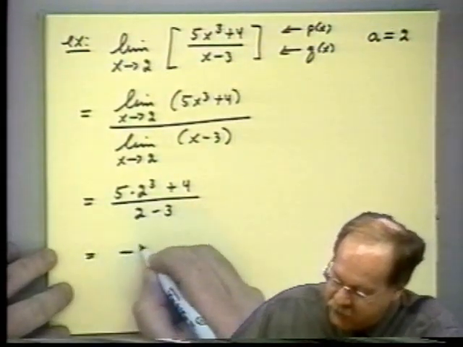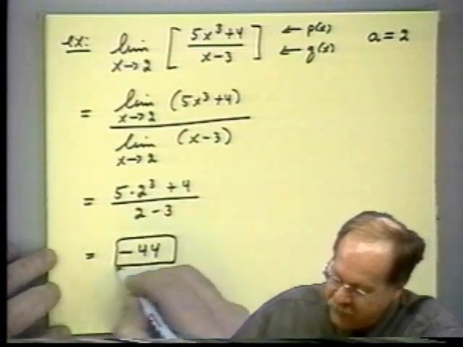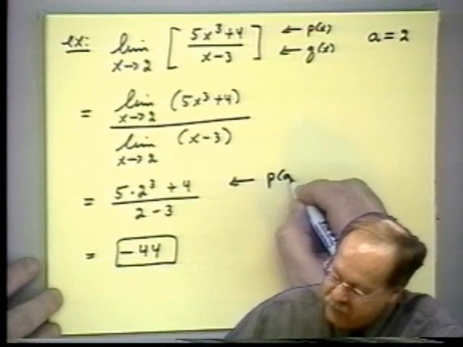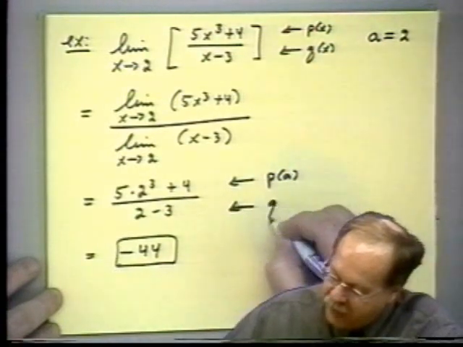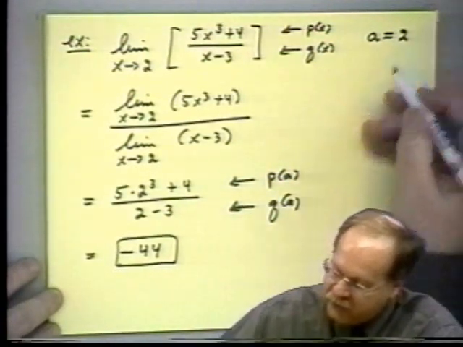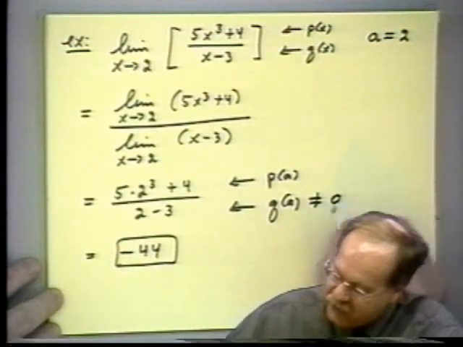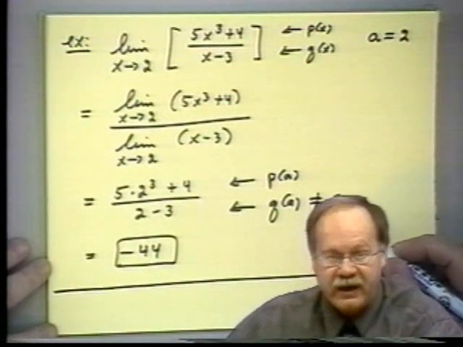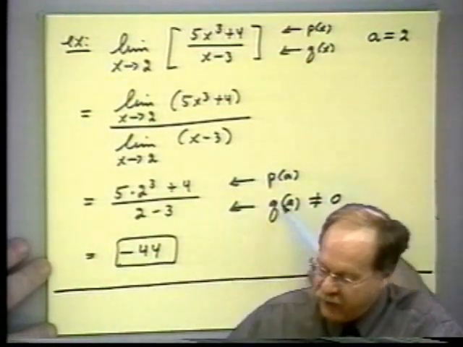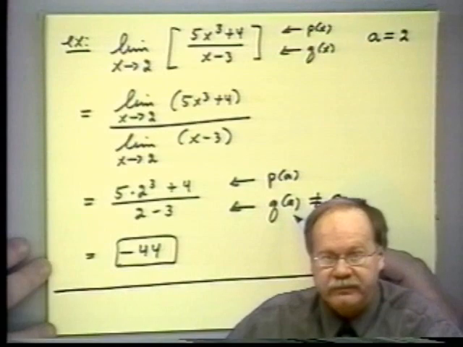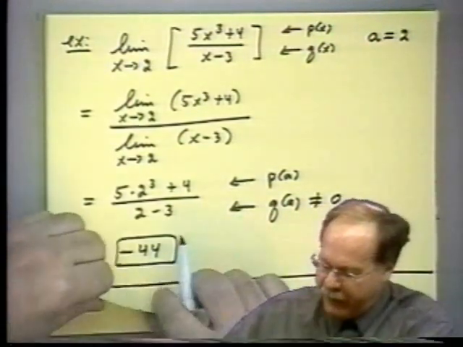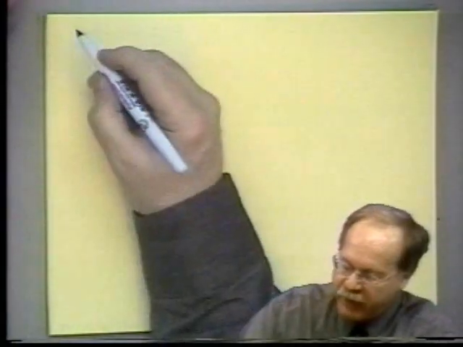If you simplify that, you get minus 44, and that turns out to be the limit. What I want to point out here is that the top here is p of a, the bottom here is q of a, where the a is 2 in this case, and notice that q of a is not 0. So this is an example of case 1, where q of a, the denominator, does not go to 0. And so there are no difficulties. You end up with a real number. Now let's address the condition of case 2, where things get more interesting.